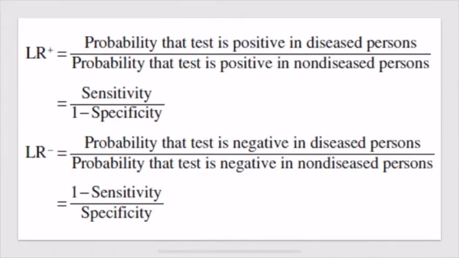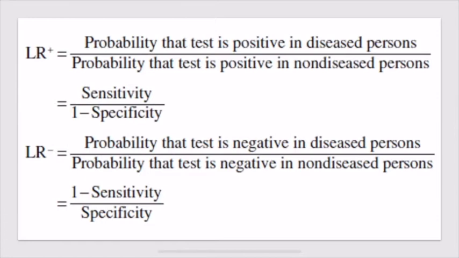Okay, so let's talk briefly about these likelihood ratios that I mentioned. Think of them in the same category as sensitivity, specificity, positive predictive value, negative predictive value. This is the likelihood ratio. And all this is saying is we're looking at the probability, and again, there's positive and negative.